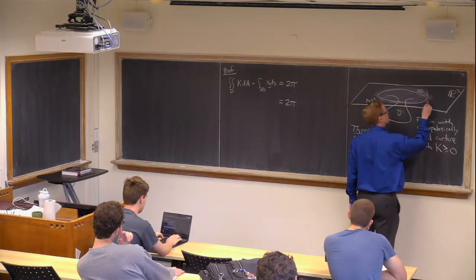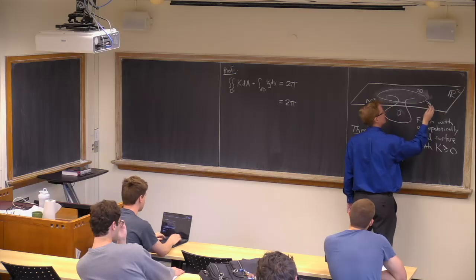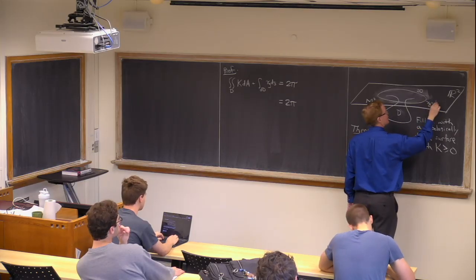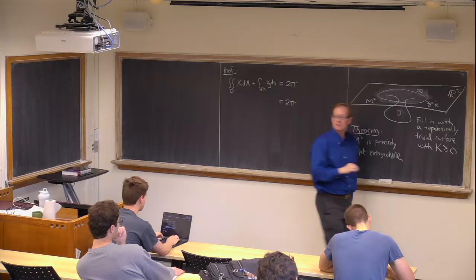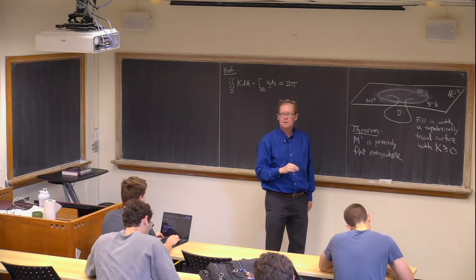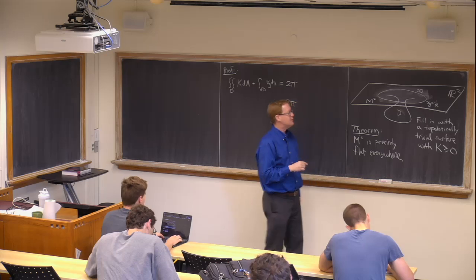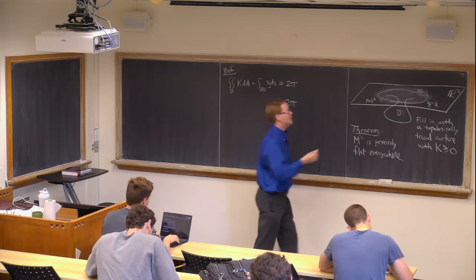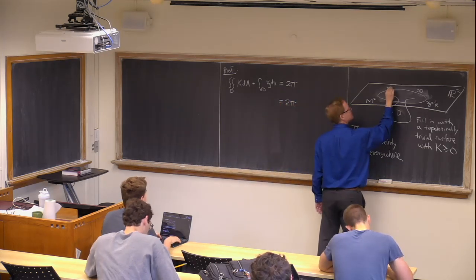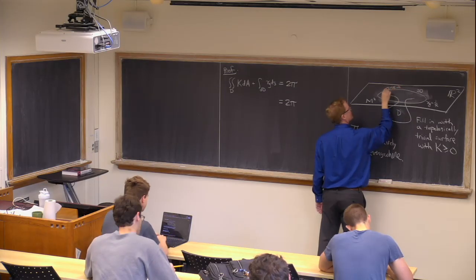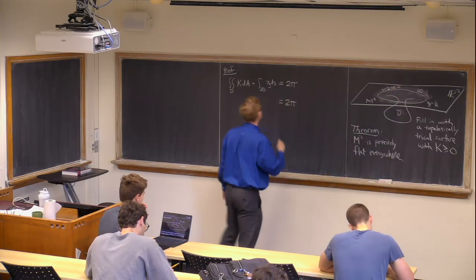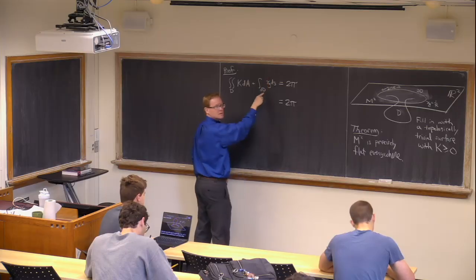So I know what the geodesic curvature of a circle of radius r is. That's just going to be 1 over r, isn't it? And I know what the circumference of a circle of radius r is as well. It's 2 pi r, right? So this distance here is 2 pi r all the way around the circle. And so this right here is 1 over r times 2 pi r.